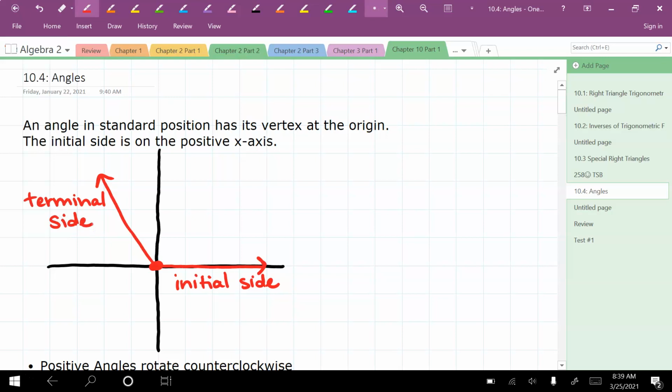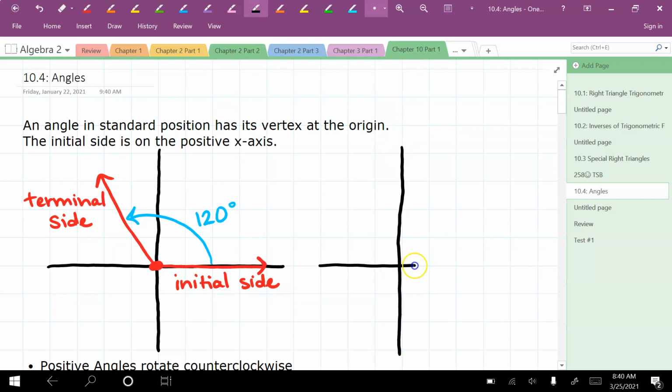Now for example, this angle, if it's starting in standard position, starts at 0, flat against that x-axis, and then it got rotated counterclockwise to the left. That's the angle we're looking at there, and this could be any number. They could say this is 120 degrees, or 105 degrees, or whatever it might be. You could also have smaller angles, so it doesn't have to be that big.